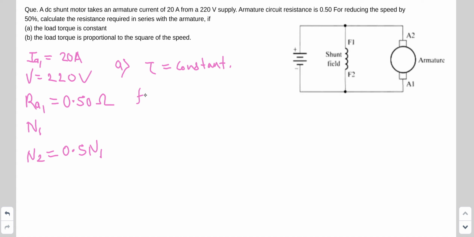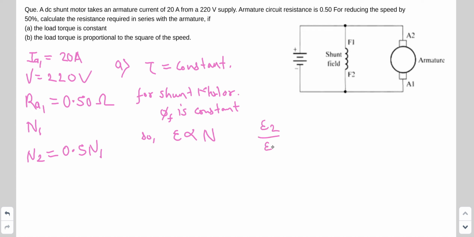We know that for shunt motor, because the field flux is constant, the EMF produced E is directly proportional to speed N. So we can write it as E2 divided by E1 is equal to N2 divided by N1.